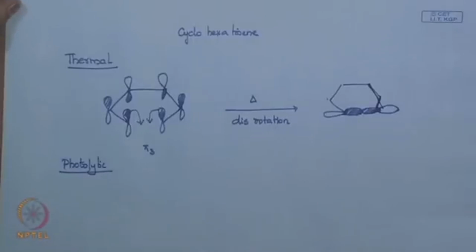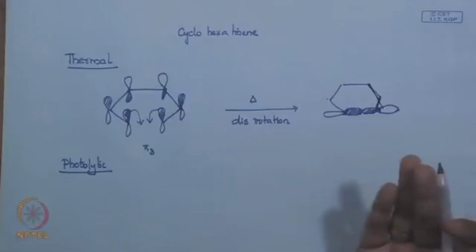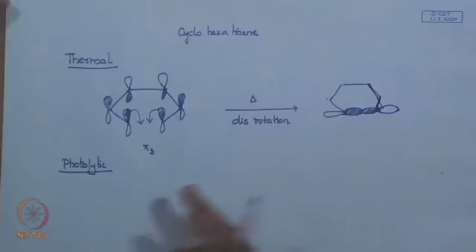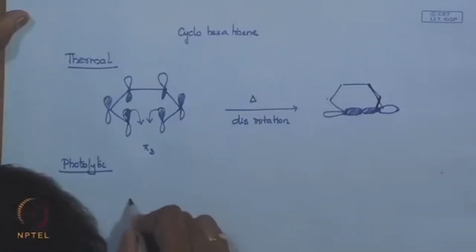When you do photolytic, what can you expect to happen? Well, just put your orbitals, that is all. That will tell you whether it is dis or con. Okay. So, photolytic means what do you have to think? Yes, pi 4, that is your LUMO system. Just draw that.